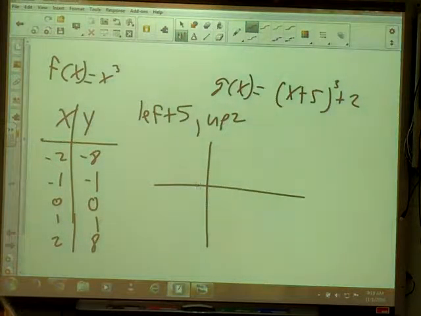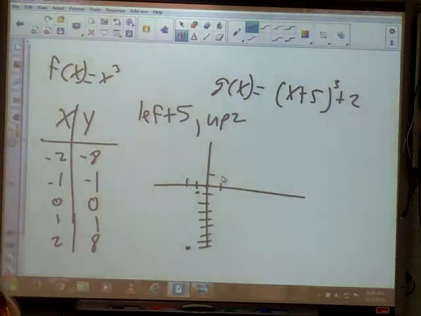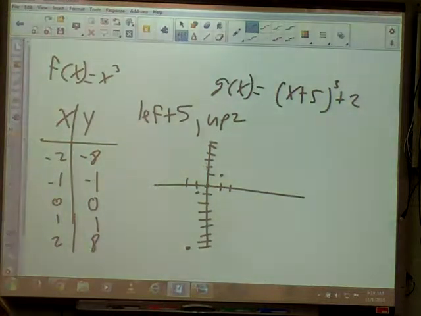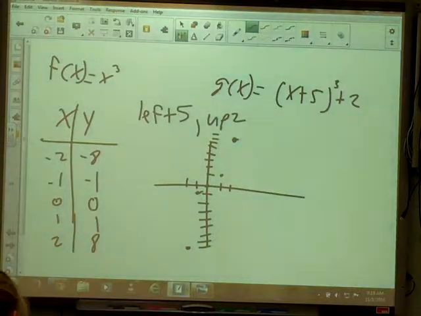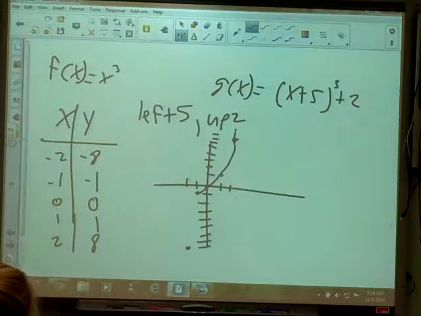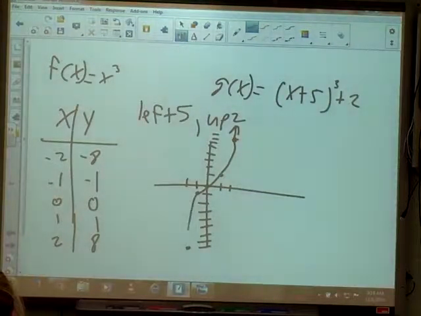So if I went left 2, down 8, left 1, down 1, 0, 0, 1, 1, and then 2, 8. So it would be the snake-looking graph that goes through those points. And you could get it on your calculator if you wanted to and look at that.